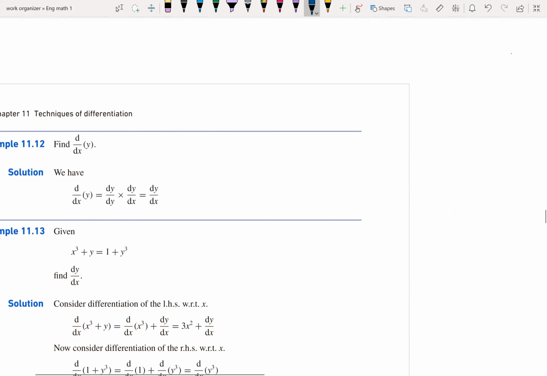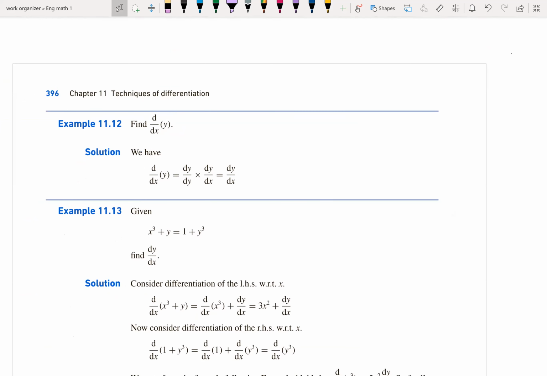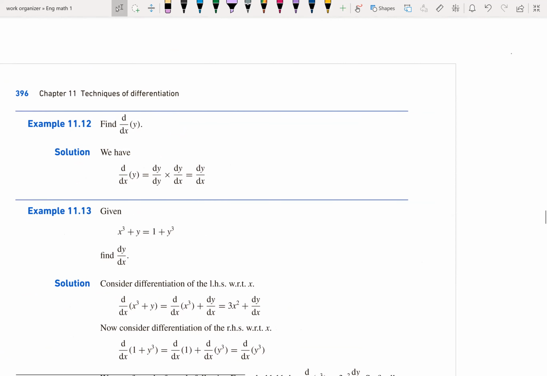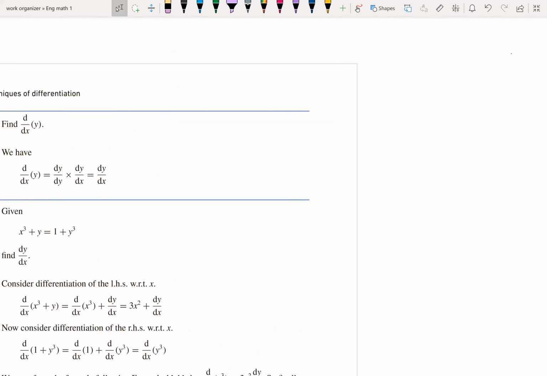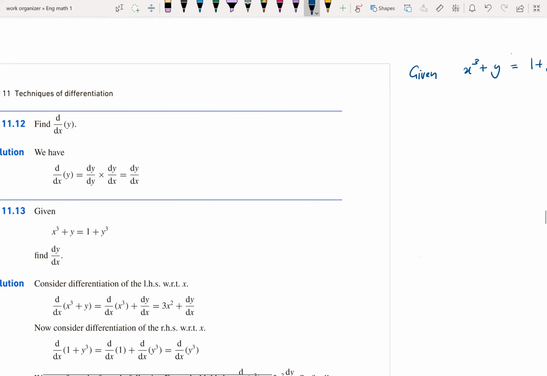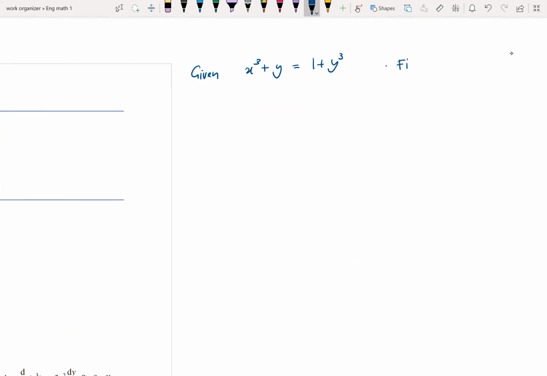Now we look at the next example, 11.13. Given x to the power of 3 plus y equal to 1 plus y to the power of 3, we have to find dy over dx.